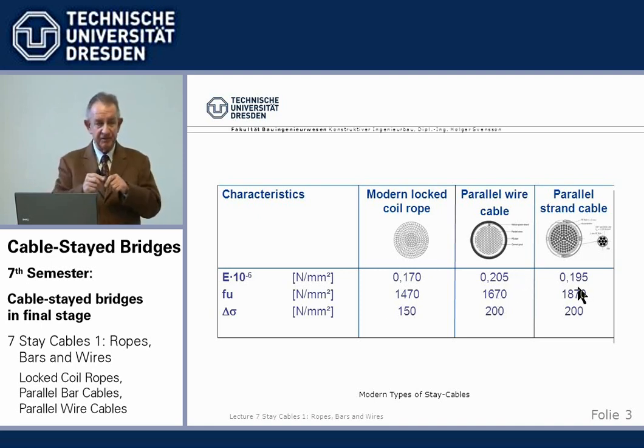And if I even draw thinner to 5 millimeters, which are the individual wires of a strand, then I come to 1870. Furthermore, difference in stiffness between 170, 205, 195, we'll go into detail there.